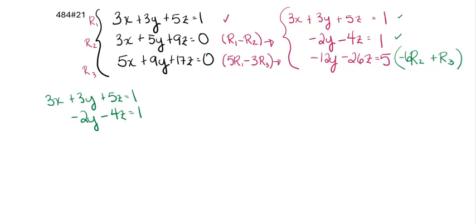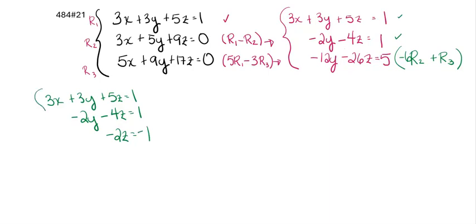And positive 24 plus negative 26z gives me a negative 2z for my new third row. And then negative 6 times my 1 in the pink second row plus 5 in my pink third row: negative 6 plus 5 equals negative 1.